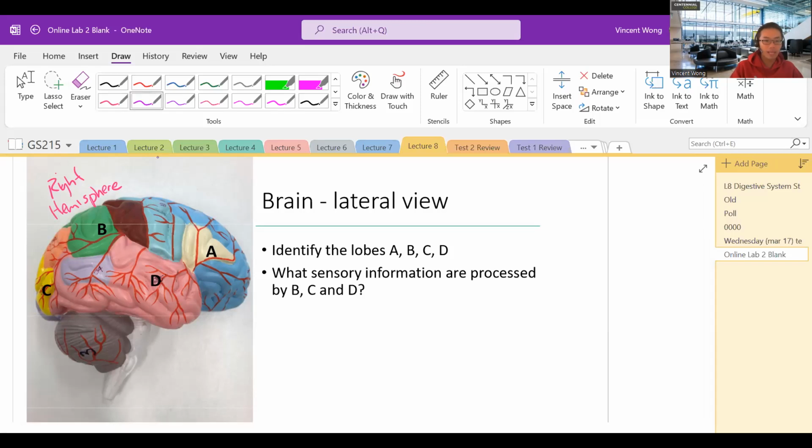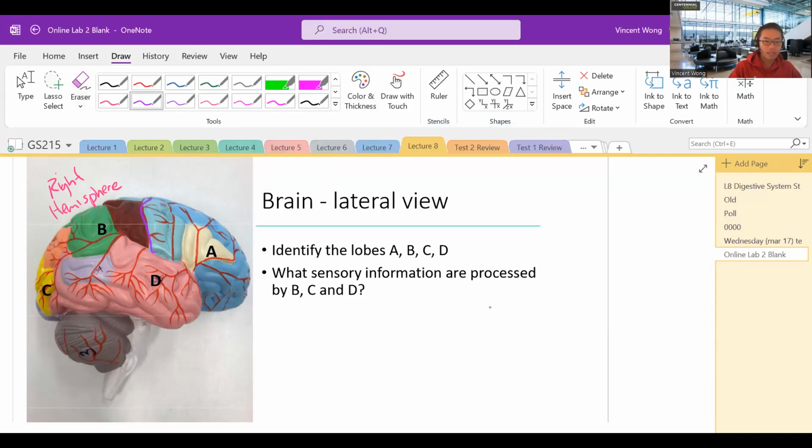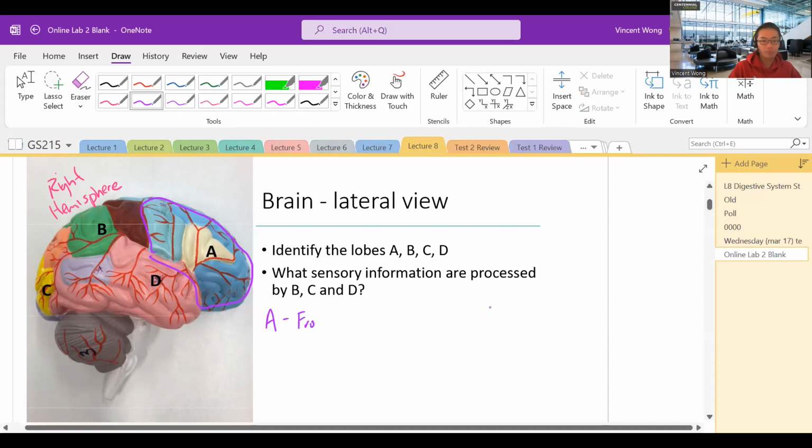Okay, so lobe A, the boundaries are not really clear here, but let me see what's a bright color. Maybe that. Okay, so here is A. This whole lobe is A, right? So A is the frontal lobe.